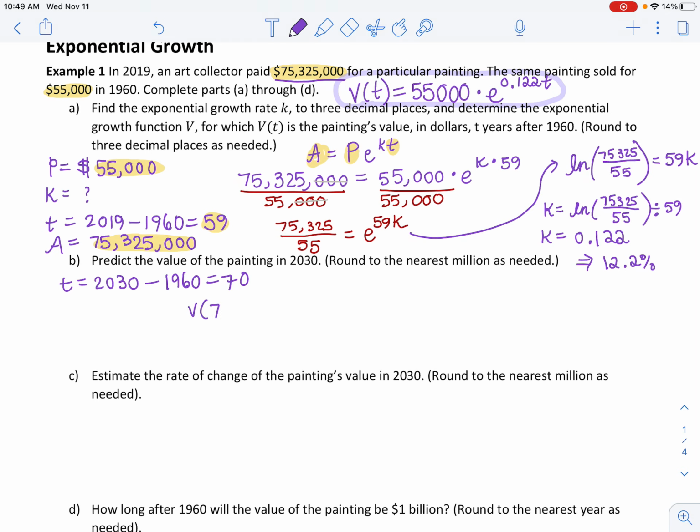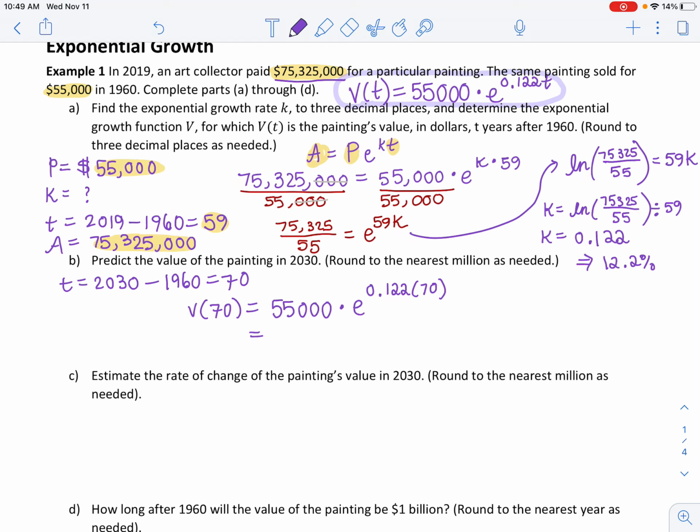So we're going to go ahead and find V of 70. Plug in 70 into the function that we just found: 55,000 times e raised to the 0.122 times 70. It should be more expensive than $75 million, right? Because 2030 is in the future.